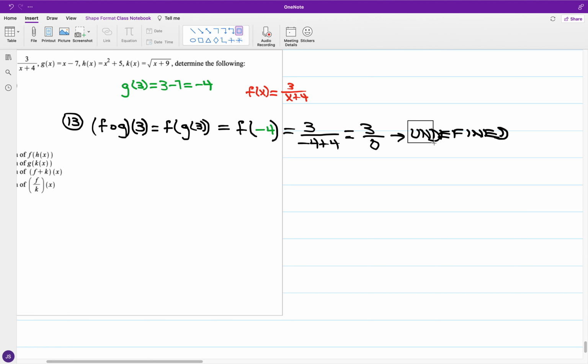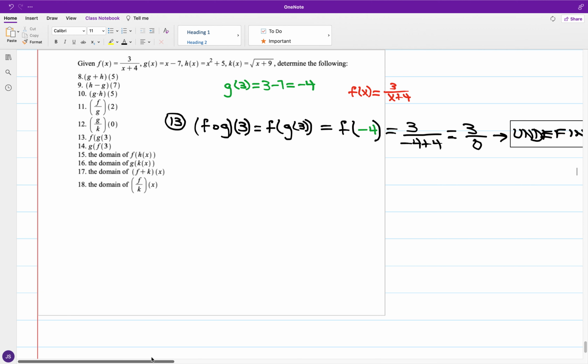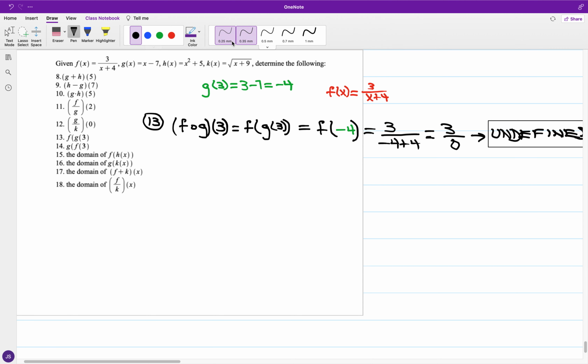All right, now in the case of number 14, we have just reversing the order. We now have g of f of 3, so g composed with f at x equals 3.